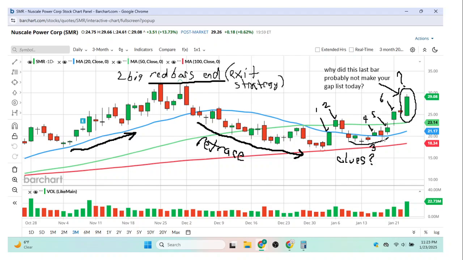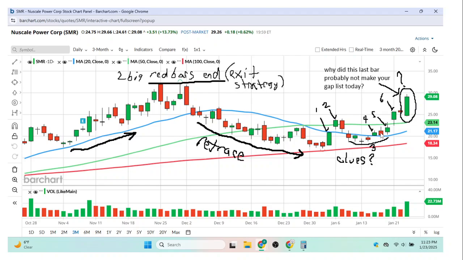Buyers are starting to step up a little bit and at least put a floor or some support under this stock in this area. So that's clue 3, right? I just kind of drew that line there. And now clue 4 would be the next right here, this gap up and close green.